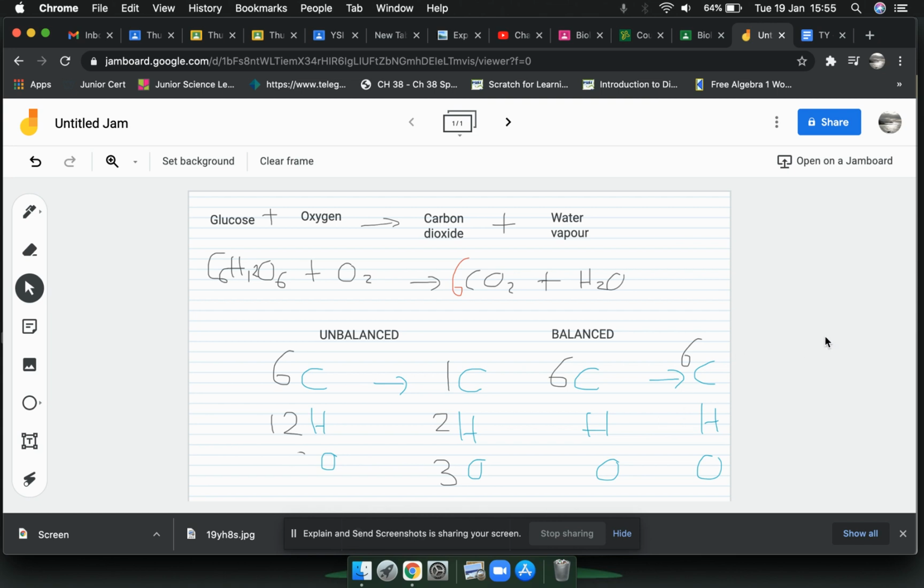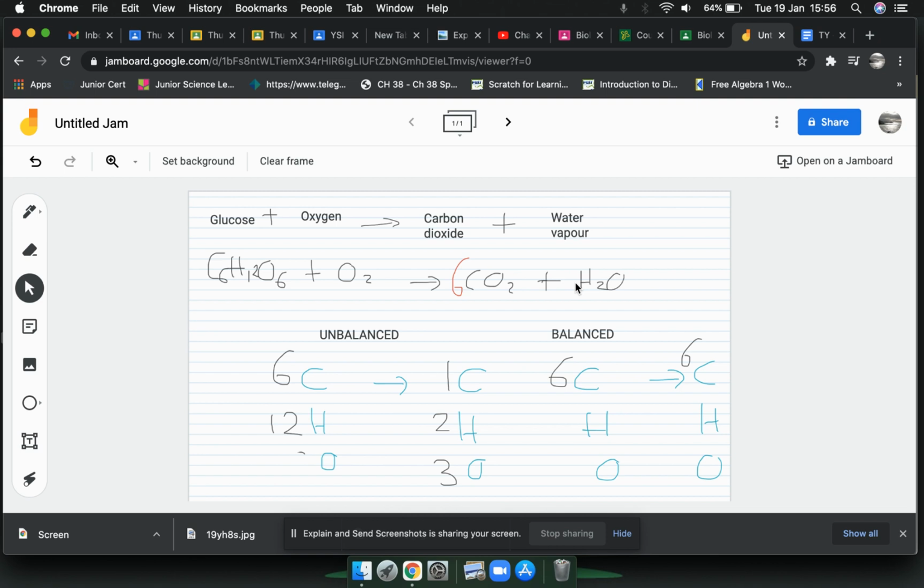Right, so let's look at the hydrogens. There on the left, there are 12. On the right, there are only 2. So in order to balance this, I need to make sure that the 12 will match with another 12 over here. So what I could do is put a 6 in front of this water molecule as well.